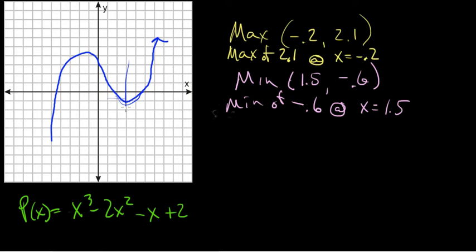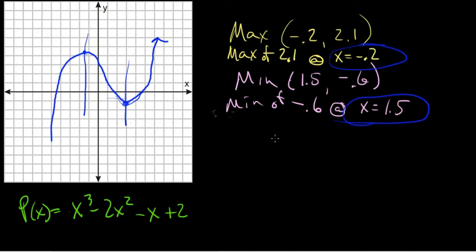I go to where my minimum is at 1.5, and to where my maximum is at 2.1, and I just divide it up into intervals. How do I know where the intervals are? The intervals are based on my x values.